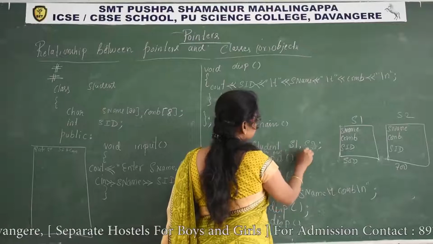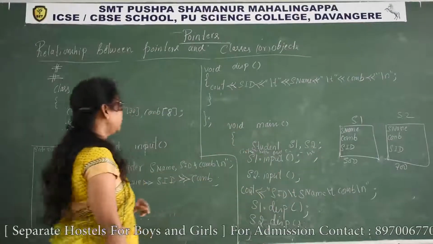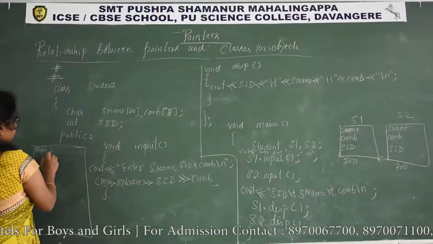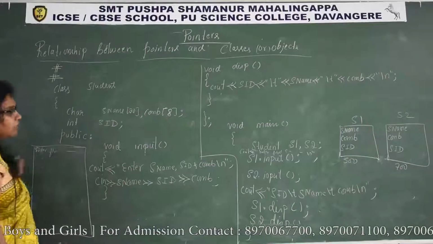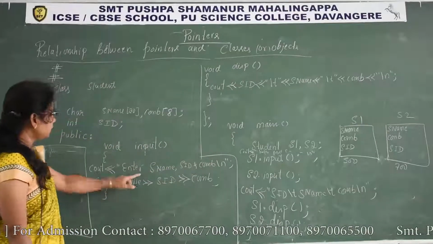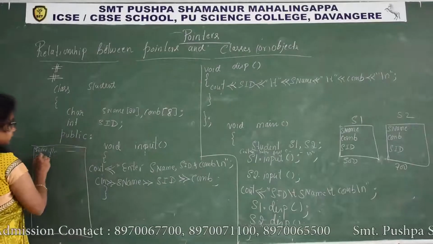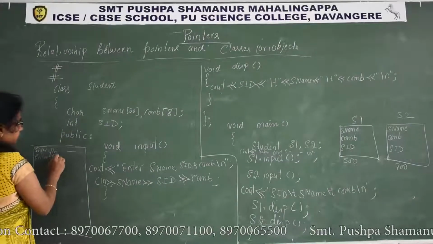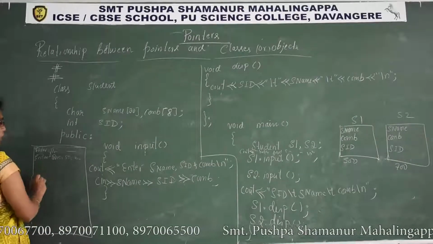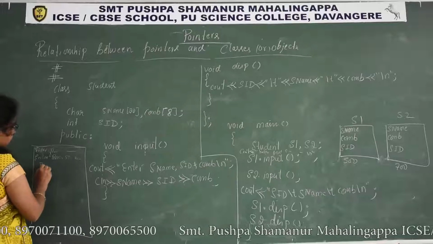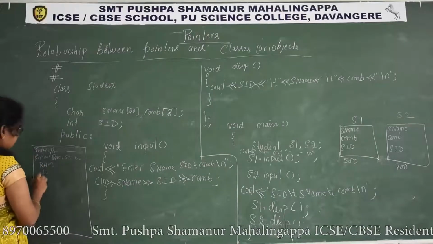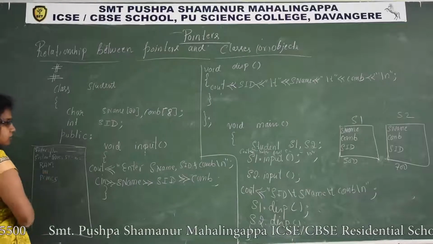It will be displayed before that. After that, I'll call the input function using the S1 object. Then it displays these instructions: enter name, SID and combination. Let us assume name Ram, SID 111 and combination PCM CS.